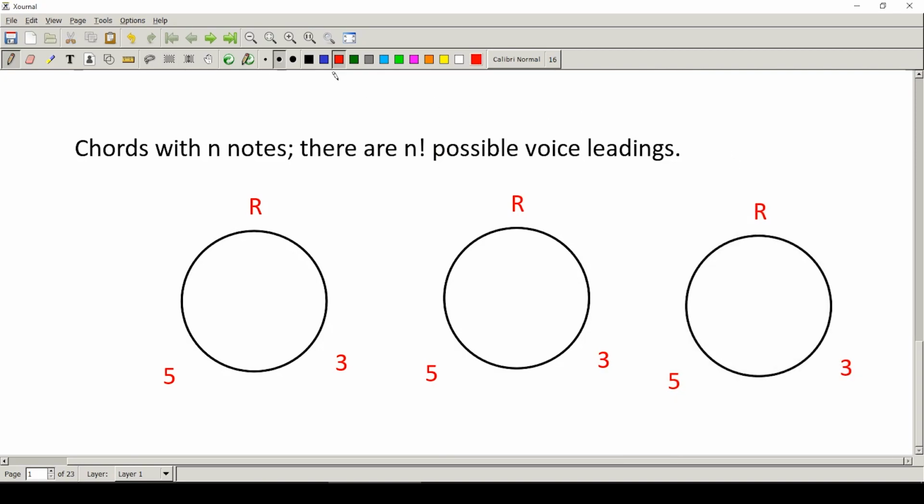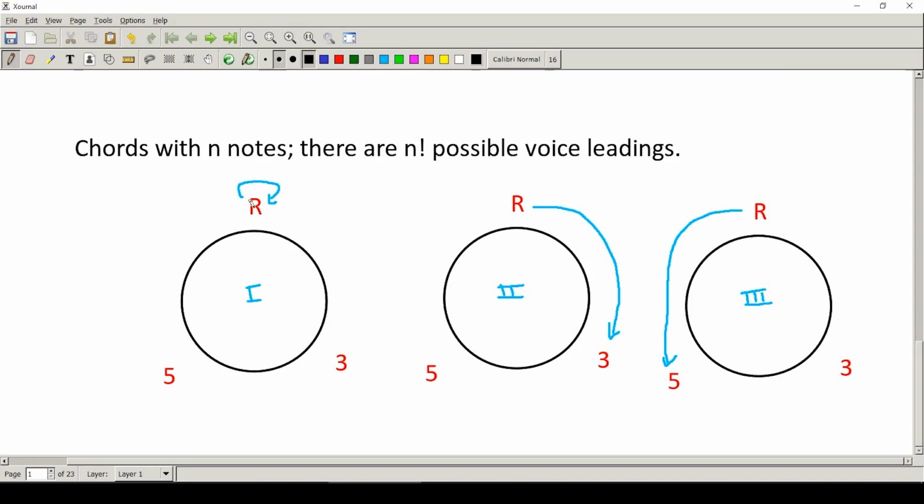There's the possibility where the root stays the root, there's the possibility where the root becomes the third, and there's the possibility where the root becomes the fifth. And maybe I'll label these possibility 1, possibility 2, and possibility 3.